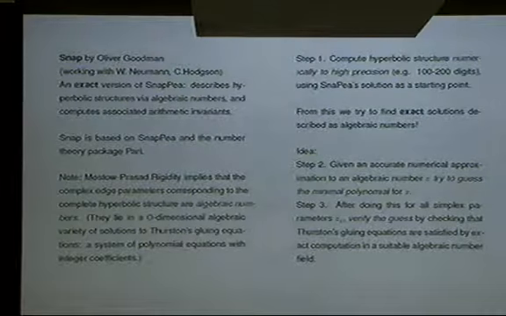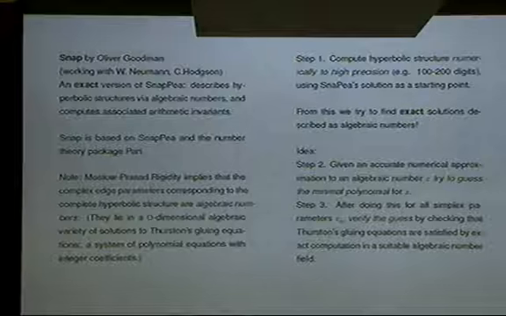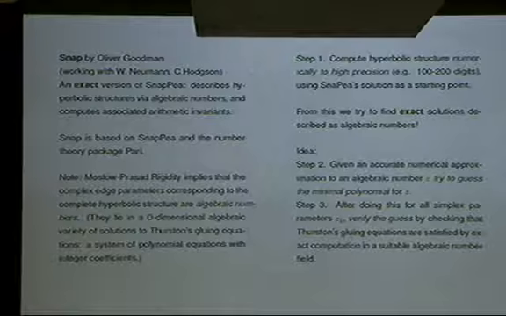And typically we might work with, say, 100 to 200 digits accuracy for some reasonable size manifold, 5 or 10 tetrahedra. And then the idea is once you know a high precision approximation to, say, the simplex parameters, we try to guess the exact solution, and describe it precisely as algebraic numbers.